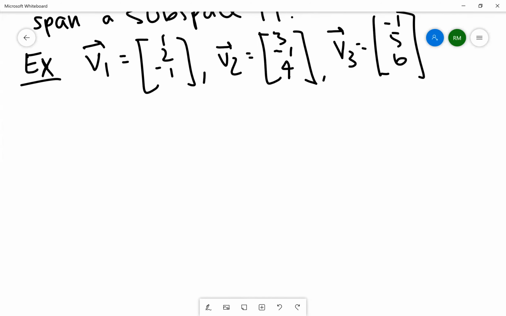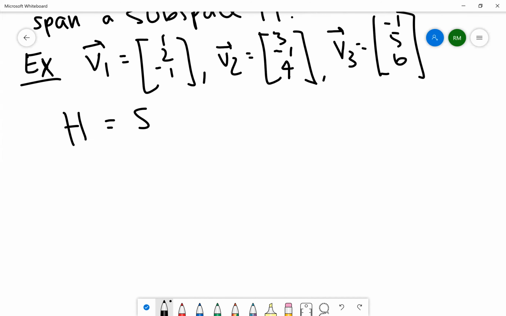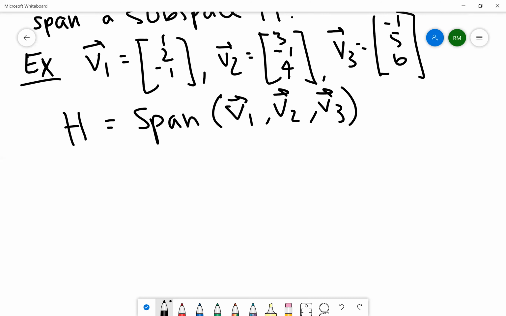We're going to let H equal the span of these vectors. So the question is, is this a basis?